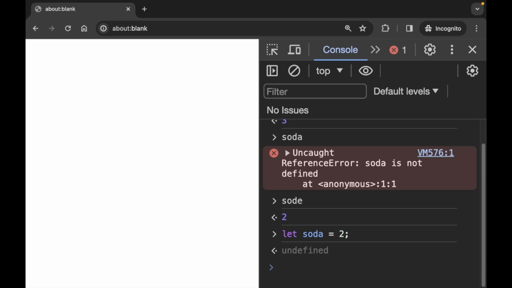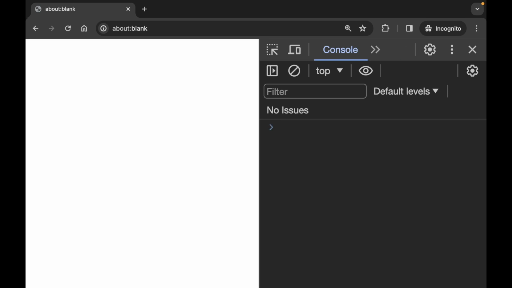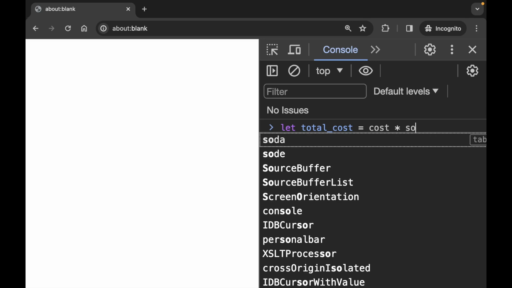Now we have this grand idea to utilize these. For example, we can create let total cost is equal to cost multiplied by soda.